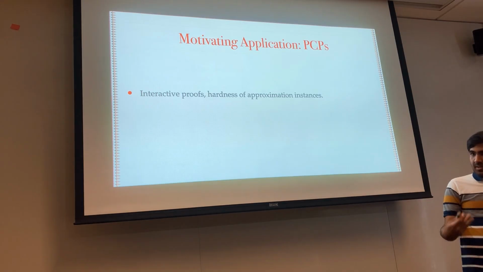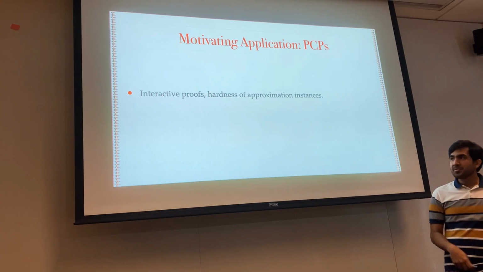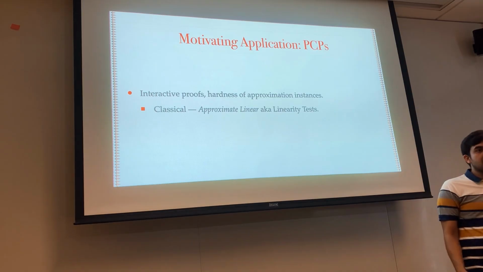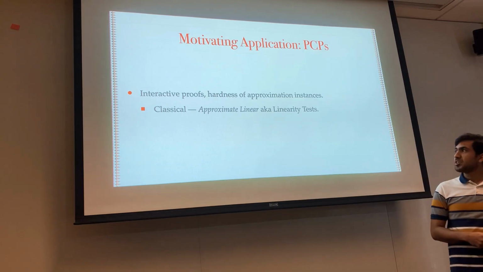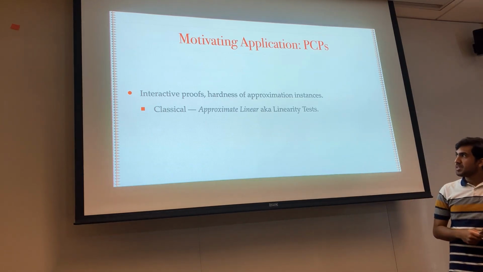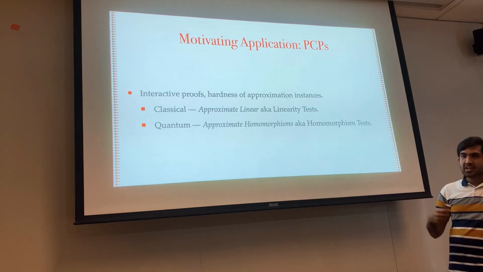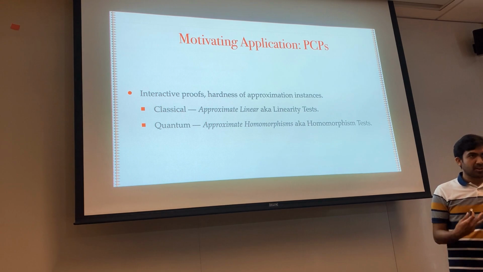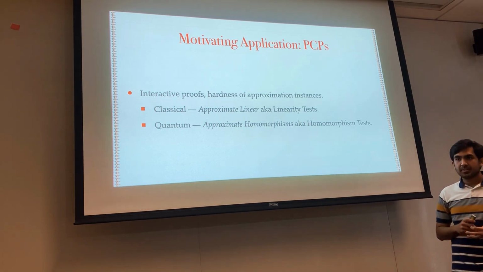So, this line of work on interactive proofs has connections to hardness of approximation. One of the components of these PCP theorems is this notion of approximate linearity, or more generally approximate low degree functions. Classically, people have studied this for linear functions, and the generalizations to quantum interactive proofs require more general notions of homomorphisms between groups that are not necessarily, you can think of that as additive.